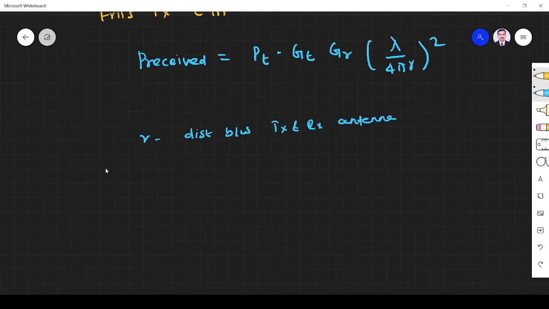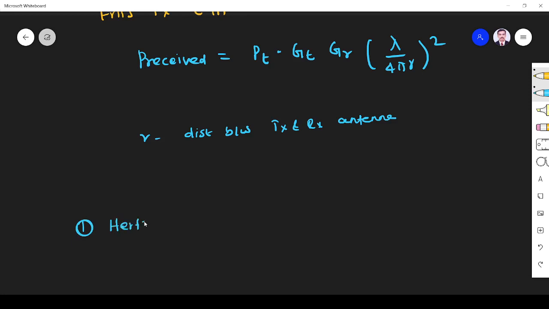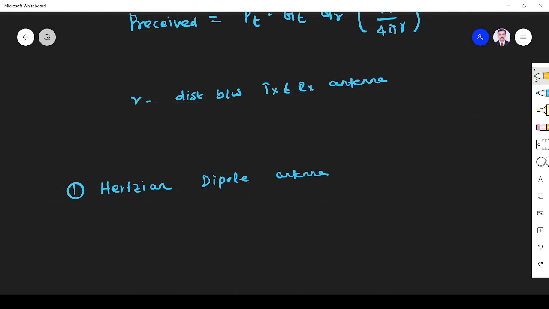Okay, some important basic antennas we have to know. First antenna is the Hertzian dipole antenna. This is a small current carrying conductor. It is nothing but our wire.